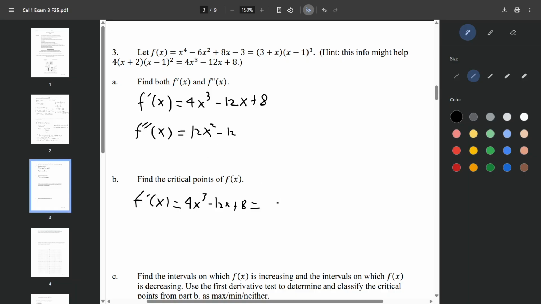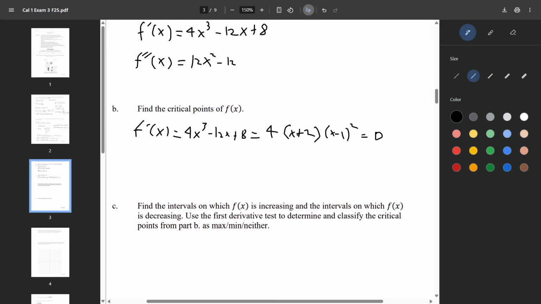So we'll use this part of the equation, as this part is the same as f prime of x. We'll turn it into 4 times (x plus 2) times (x minus 1) squared, and we will see when this equation equals 0. When the inside of these two factors equals 0, the entire equation is going to be equal to 0.